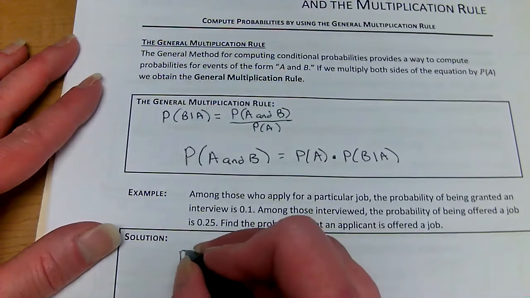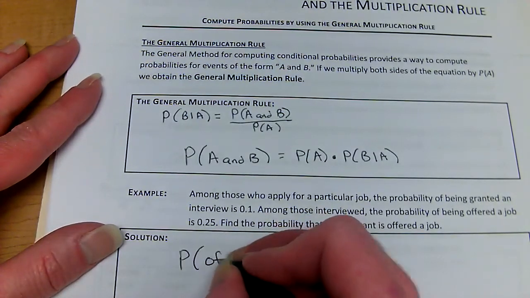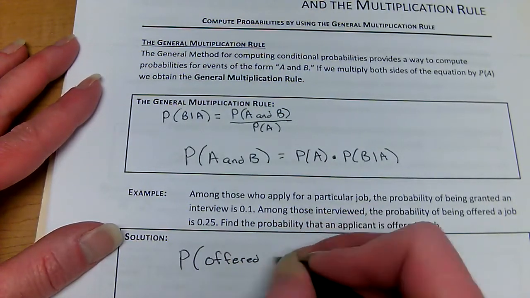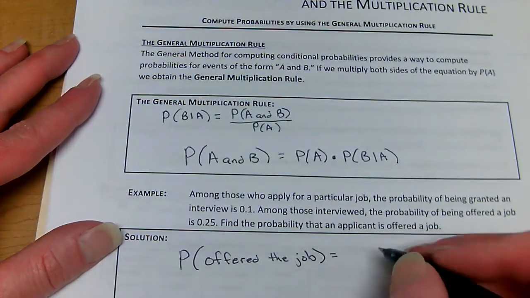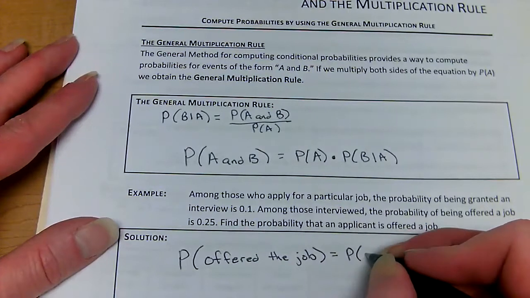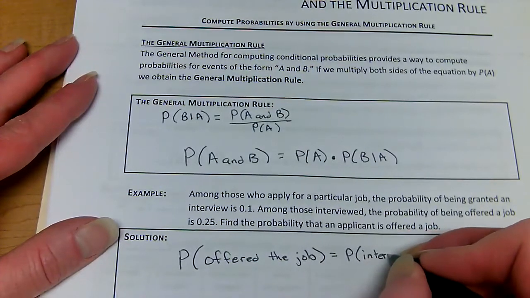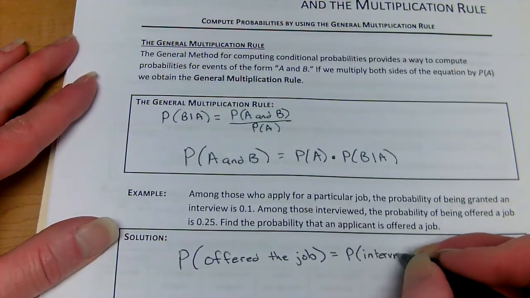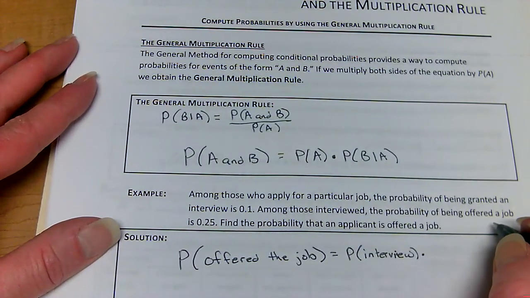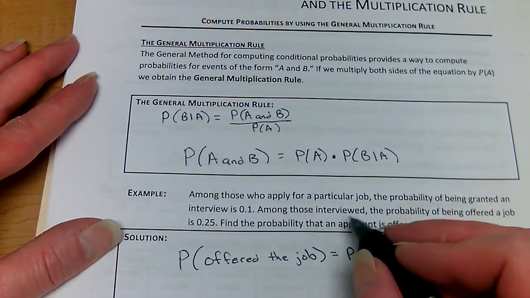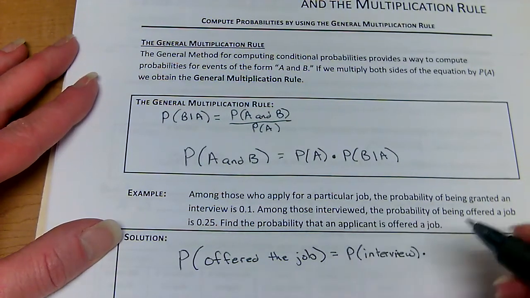So the probability of being offered the job, we start with the probability that they got an interview, times the probability that they were offered a job. But notice that that's just if they've been interviewed.